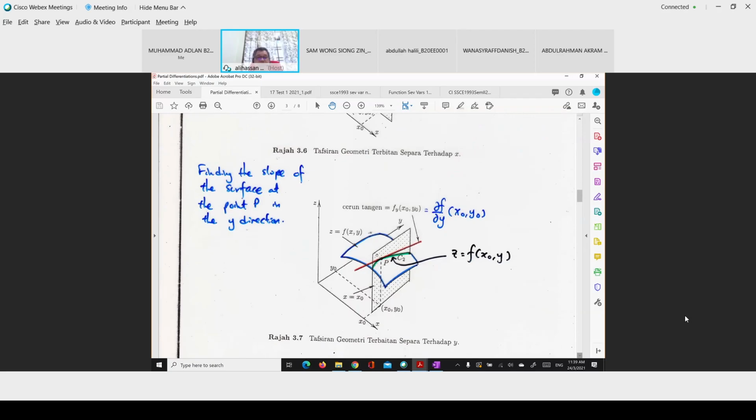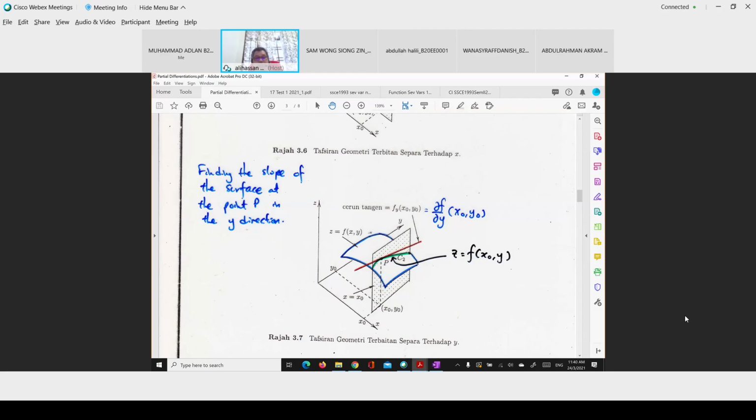Similarly, if I want to find the slope at the point P along the y direction, we intersect this surface using this plane, x equal to x naught. This plane has the equation x equal to x naught. So then we have a tangent, the tangent that measures the slope at the point P along the y direction, with x equal to x naught.